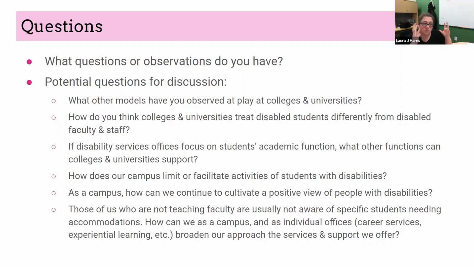So we just have to plan based on that assumption, based on the fact that we know probably 1 in 4, 1 in 5 people walking into our office or building do have a disability. So I'd love to know if anybody has any thoughts on how we can broaden our approach to the services and support that we offer.